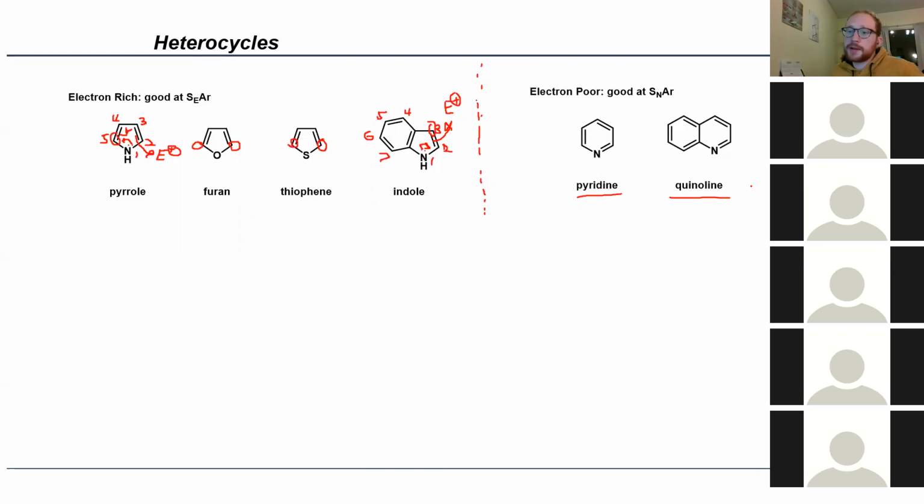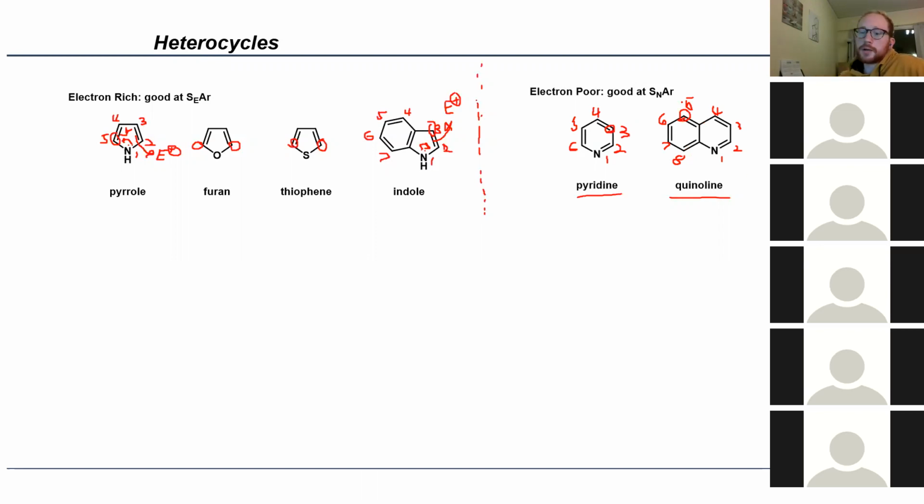But if you were to force pyridine to do an electrophilic aromatic substitution, it favors substitution at the 3 position, whereas quinoline and isoquinoline favor it at the 5 position.